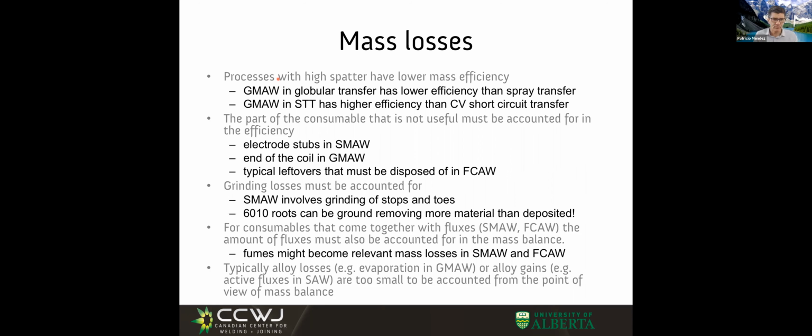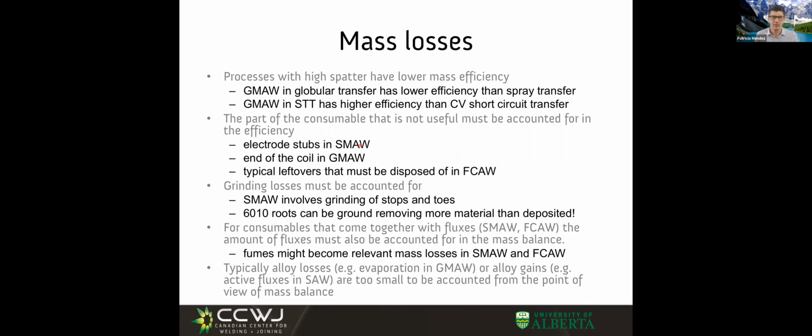So what else? When we don't use 100% of the consumable, in the case of stick, the stub is a significant part of the mass balance that we need to account for. And I'm talking about mass balance. In reality, what people care about is cost, right?